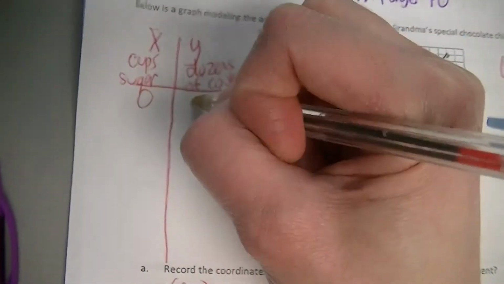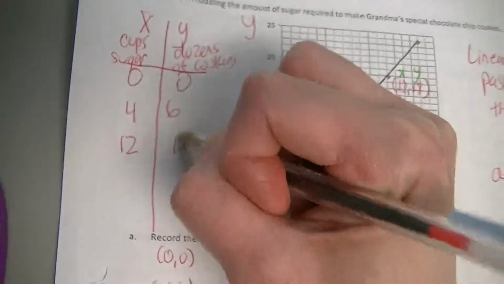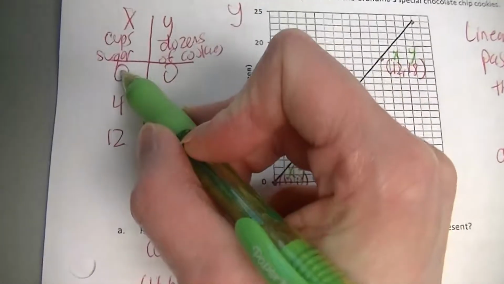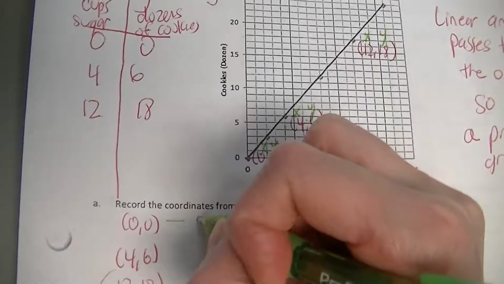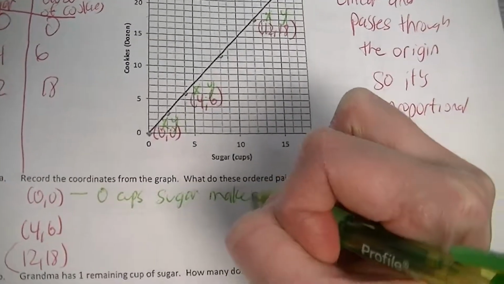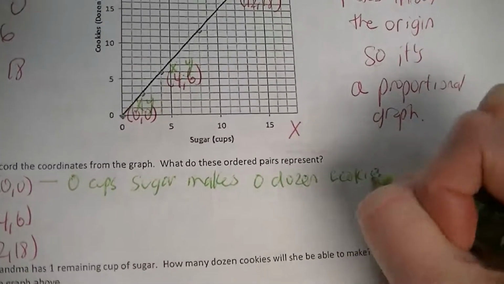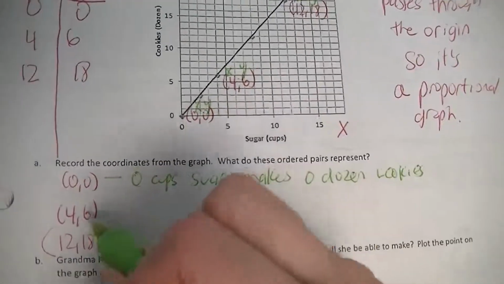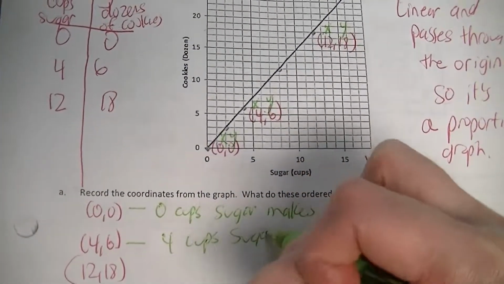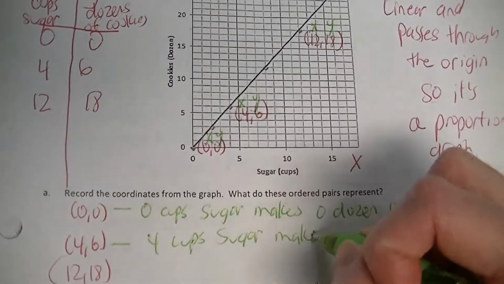I see I have 0, 0, 4, 6, 12, 18. So the 0, 0 represents 0 cups of sugar making 0 dozens of cookies. 4, 6 means 4 cups of sugar makes, don't say 6 cookies, it makes 6 dozen cookies.